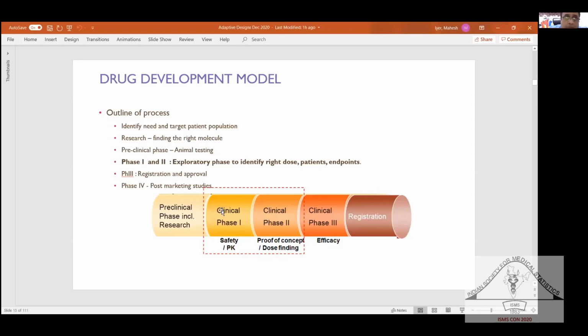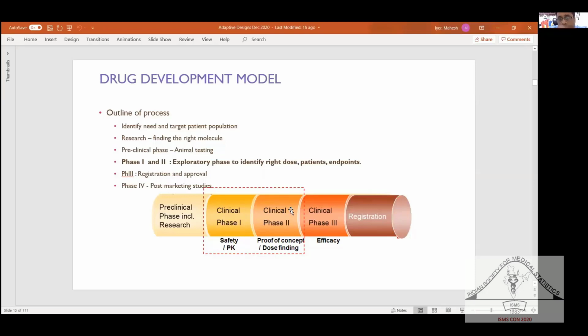So for example, whenever you take a drug, whether it's IV or oral, it gets absorbed into your bloodstream, right? It gets metabolized either in the liver or the stomach or the pancreas or wherever, right? Then it gets distributed to various parts of the body. And then once all of that is done, it gets excreted out. All of these are called pharmacokinetics. So this is typically what we look at in phase 1.